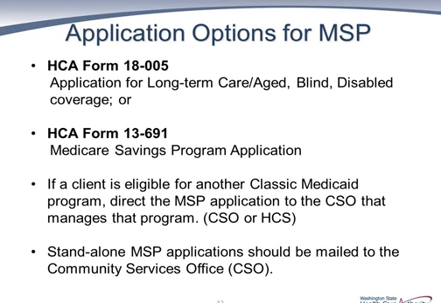If you're applying for someone just for Medicare Savings Program, then you'll want to direct that application to the community service office, and we'll use the same addresses and faxes that were given in the previous slides for sending documents in.